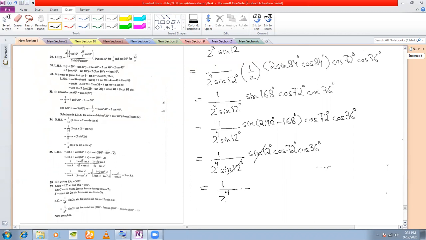So what you can do here is take a sin 36. You have 1/2 to the power of 4 left here. So now you take 1/2 sin 36 in the denominator, and in the numerator you combine cos 36 and sin 36. cos 72 remains as it is.